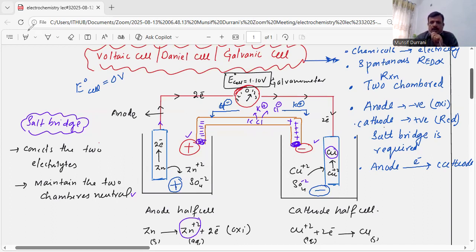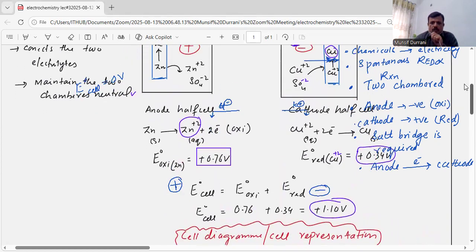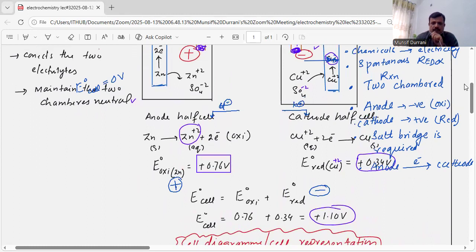If we now represent the voltaic cell by a simple diagram, so how will you represent it?